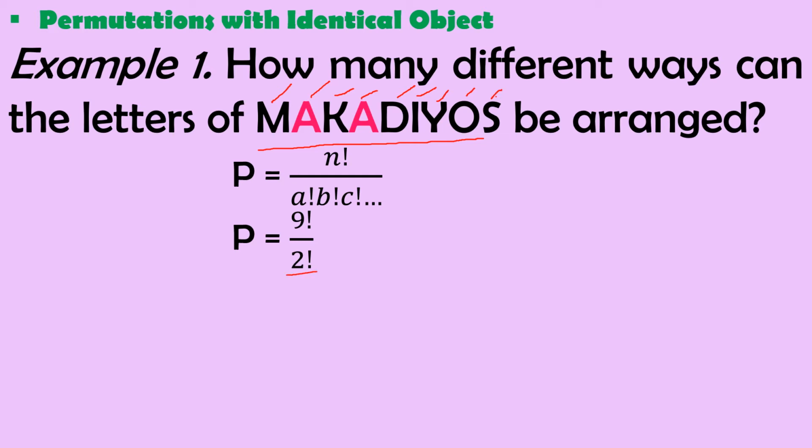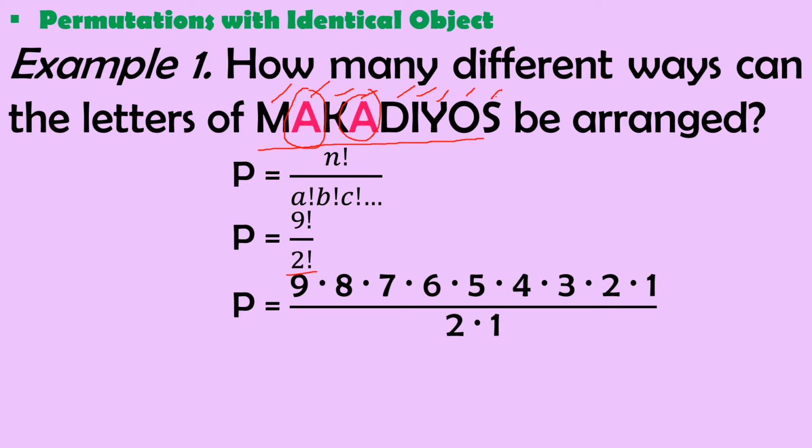You can also see here that letter A is written twice. 1 and 2. We have here 2 letter A. So this is 2 factorial. We can now substitute the given or simplify. For 9 factorial, we have here 9 times 8 times 7 times 6 times 5 times 4 times 3 times 2 times 1 over 2 factorial, which is 2 multiplied by 1.